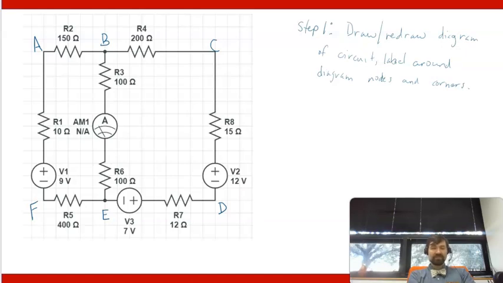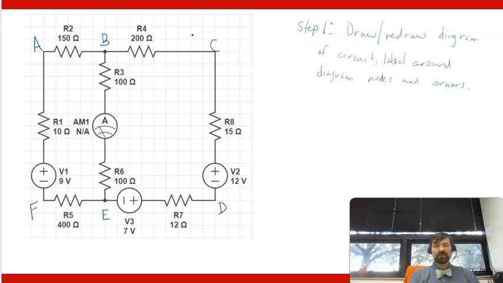The second step is, if the circuit is not pre-labeled with currents, then you need to define what the currents are for your circuit. And largely this is a matter of defining currents going into and coming out of junctions.